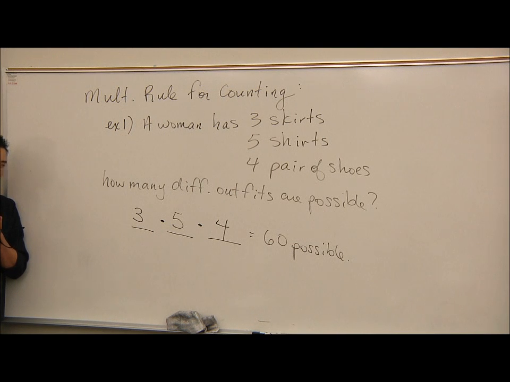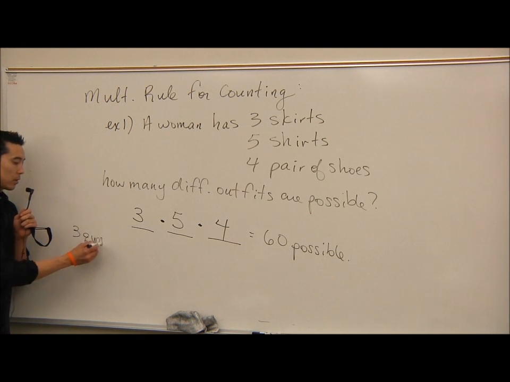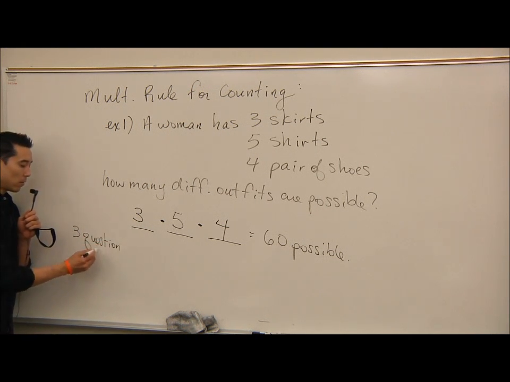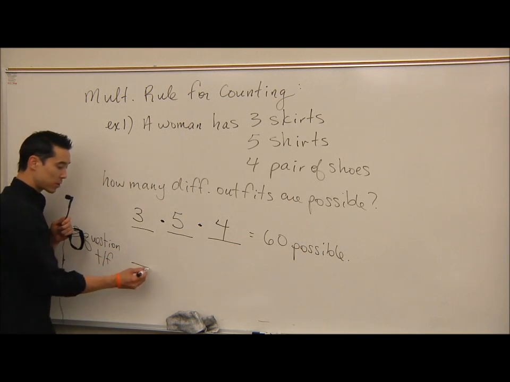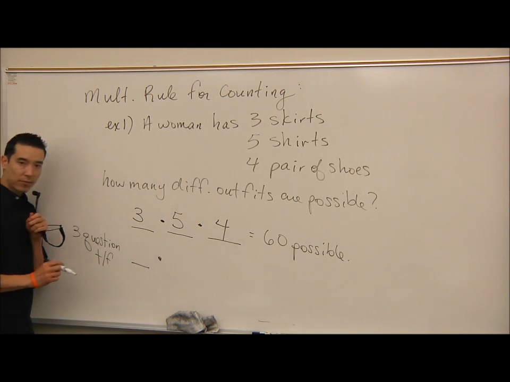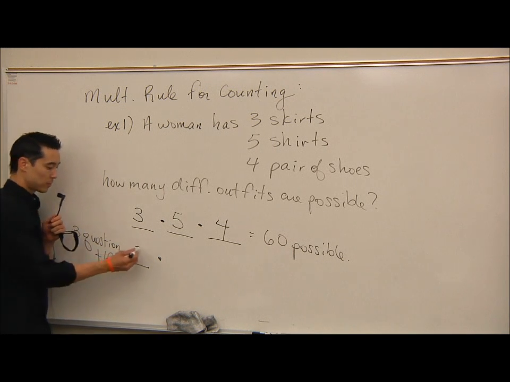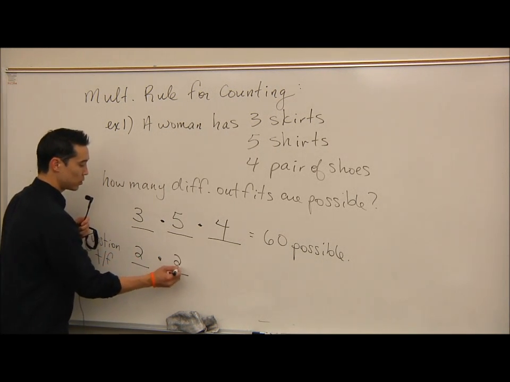What about that first tree diagram problem we just did? We had a 3-question true or false quiz, and we wanted to know how many possible answer keys we had, right? For question number 1, how many possibilities do you have for an answer? 2. Question number 2, 2.